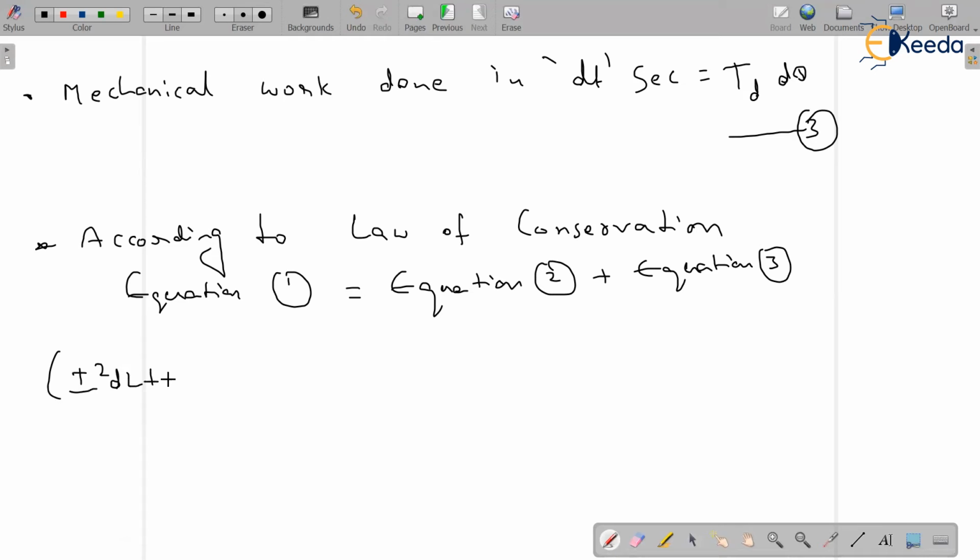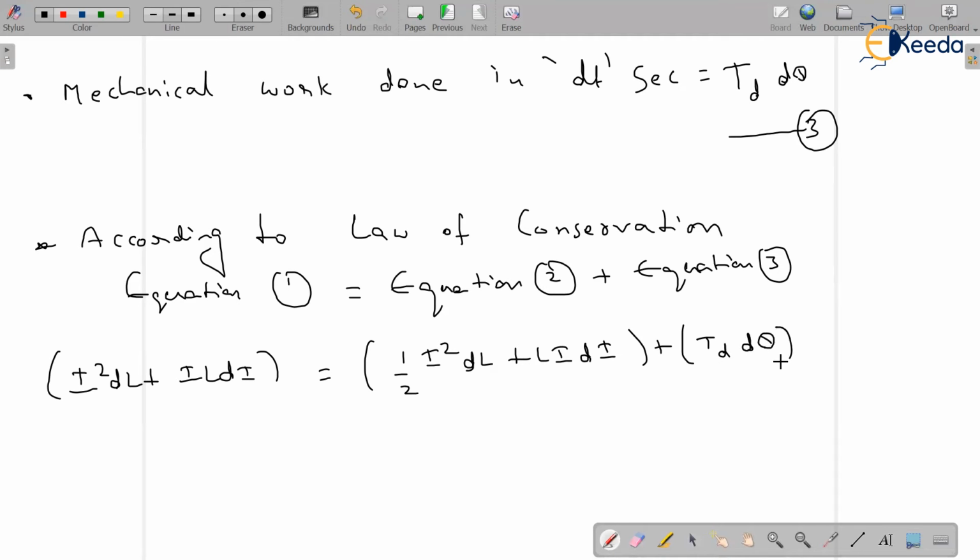I square dL plus Li di is equal to half I square dL plus Li di plus Td d theta.